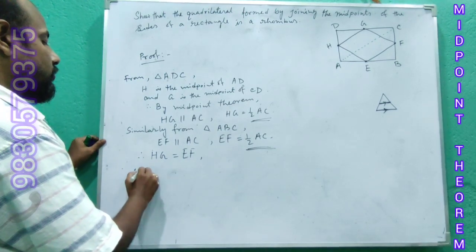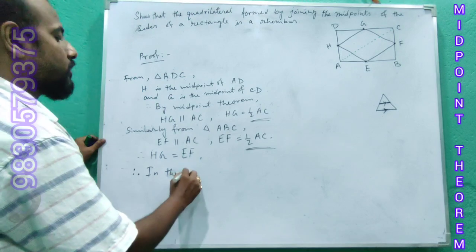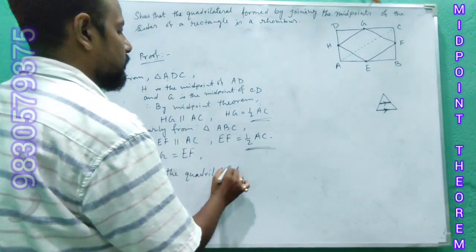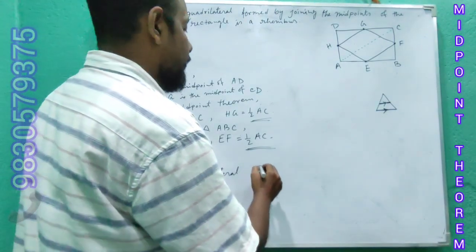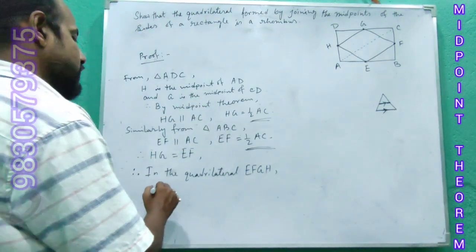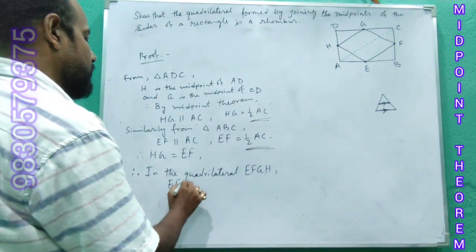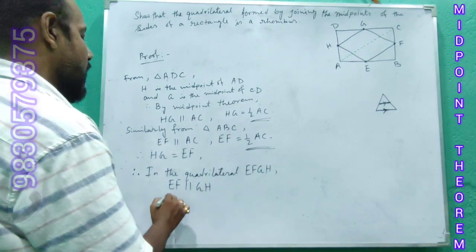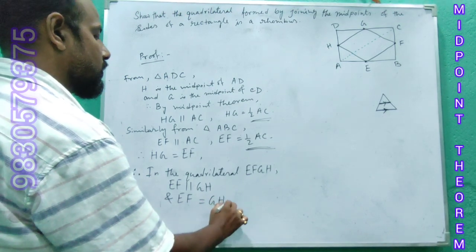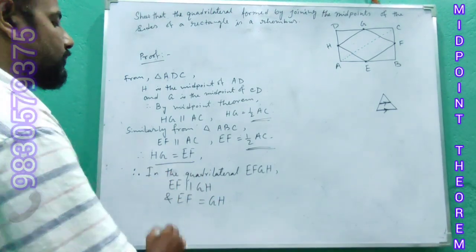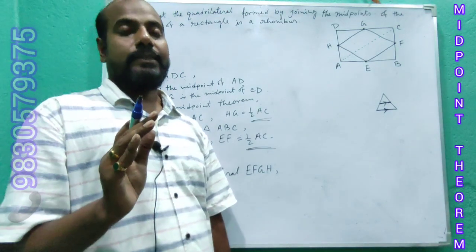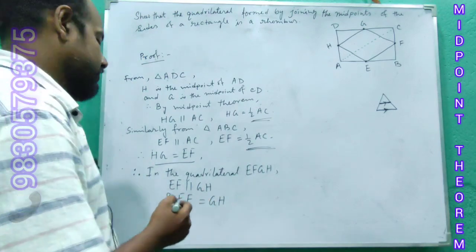Therefore, in the quadrilateral EFGH, EF is parallel to GH and EF equal to GH. So opposite sides are equal and parallel. That means this is a parallelogram.